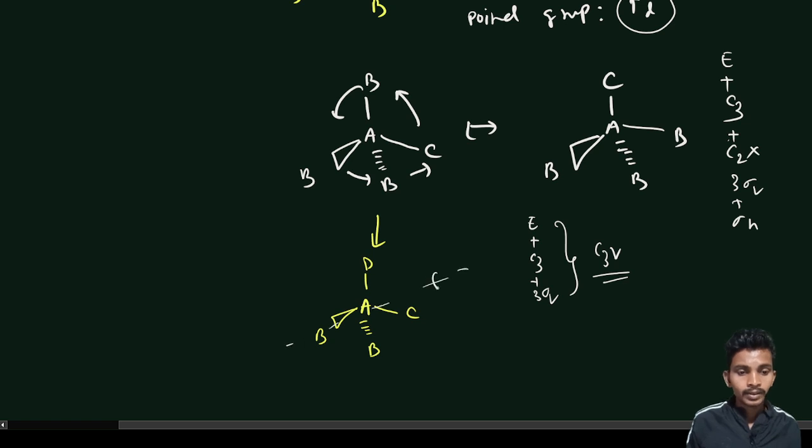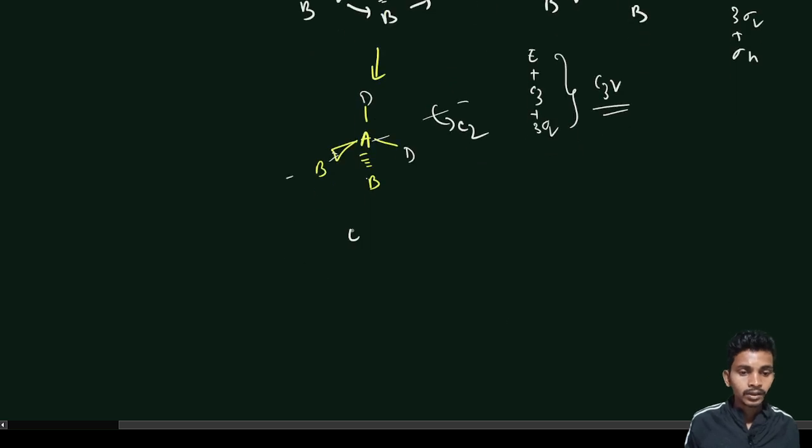if I pass the C2 axis, then what happened? This will get replaced, and these are the same. This is D and this is D. So this and this get replaced. So the C2 axis is present here. So E is present plus C2 is present, and what other things are present?